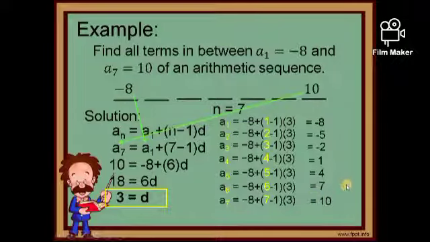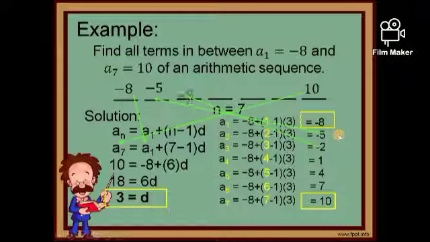Now notice, from our given, we know that the first term is -8. We get the first term as -8, as expected. And the seventh term is equal to 10. So to fill the gaps, the second term must be -5.